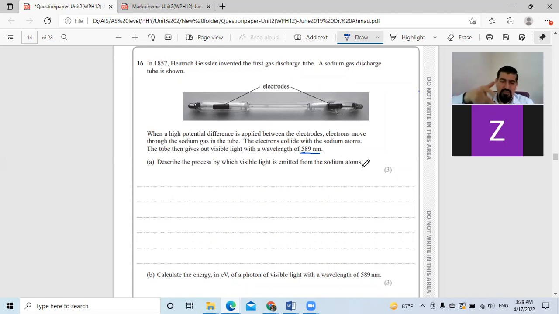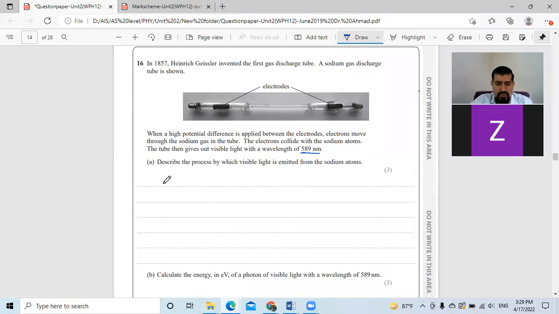This photon has energy that depends on the difference between energy levels. So you get 2 marks. You didn't mention what the energy of the photon depends on.